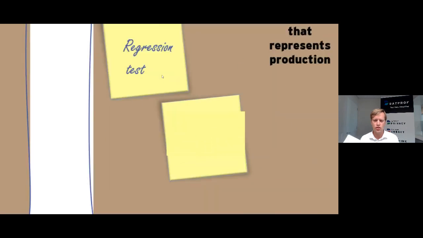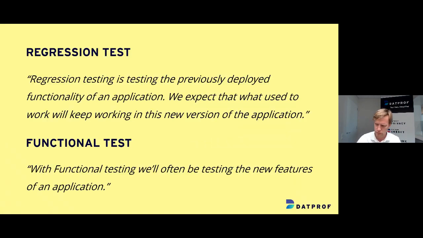So when we take a closer look at the definitions, regression testing is testing the previously deployed functionality of an application. What we expect is that what used to work will keep working. And functional testing, at least what I got from the lesson.com website, is testing new features of an application.